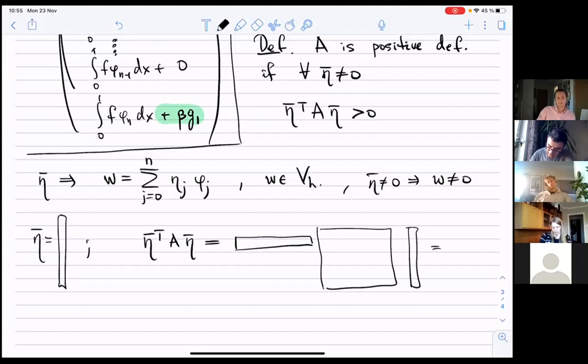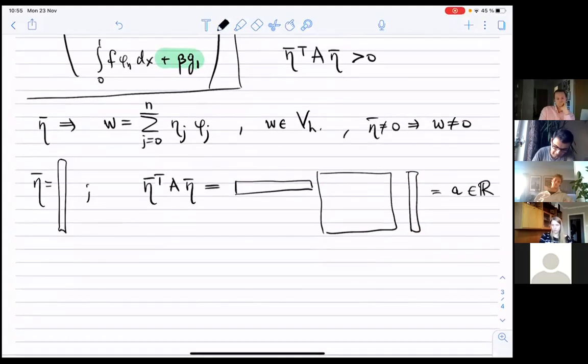It's just one number, and let me call it A. You multiply this row by the matrix and you get a row. Then you multiply the row vector by the column vector. It's just a scalar product of these two vectors.